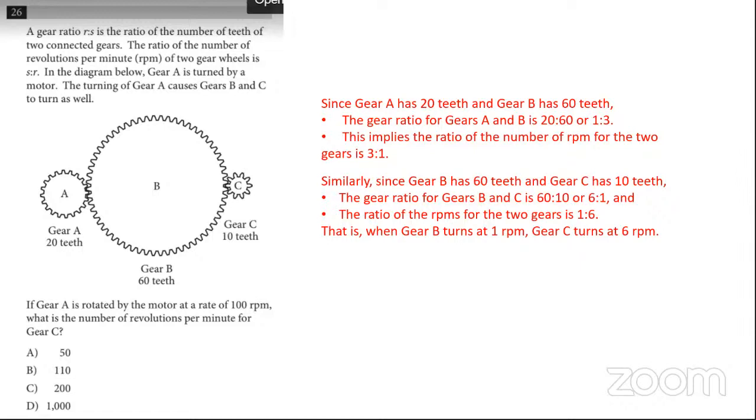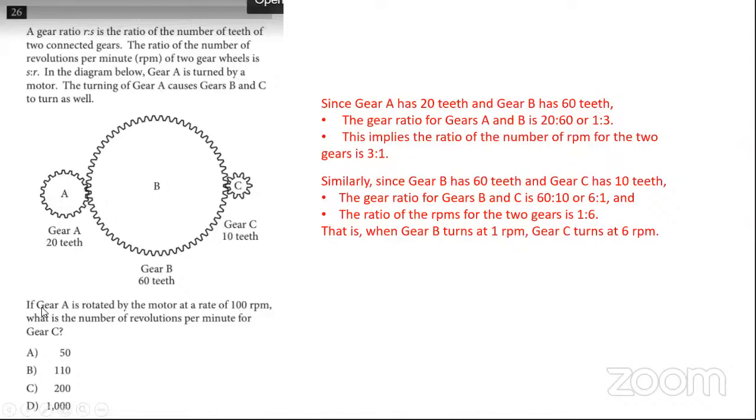That is just multiply by 6. And if gear C is rotated by say 1200 RPM, then gear B will be rotated by 1200 divided by 6, which is 200 RPM. So using this ratio, we can find the RPM of B given C or C given B.